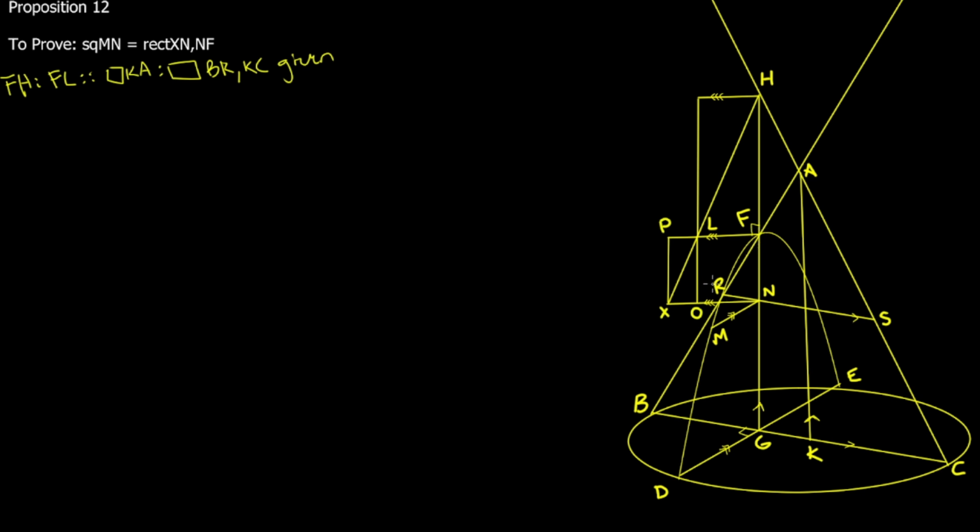And then as we start the proposition, we're going to construct a line through N, R, and S. And R and S is going to be constructed parallel to the line BC. Okay, I think that's all of it.